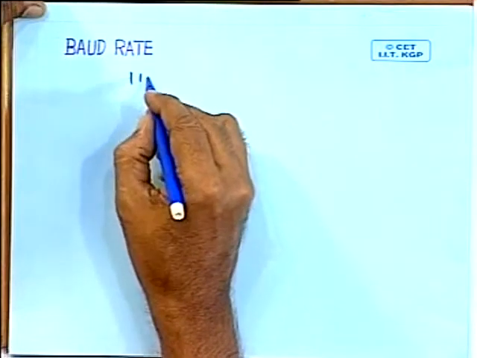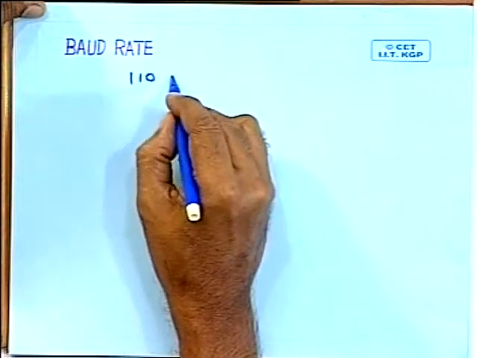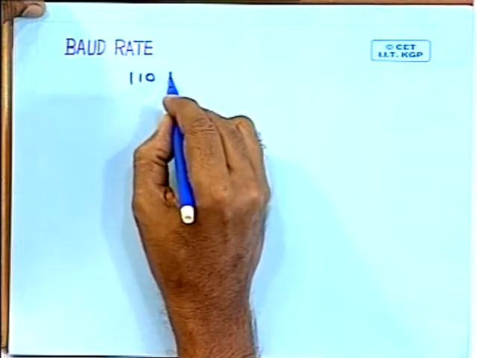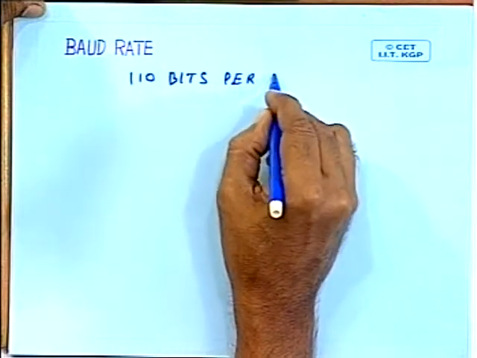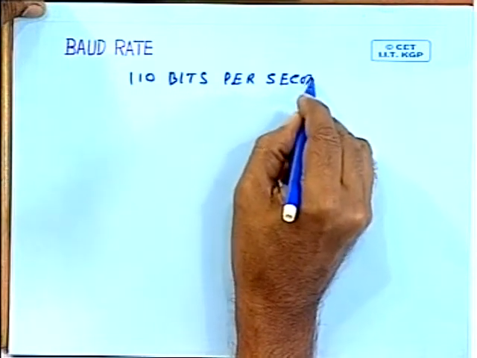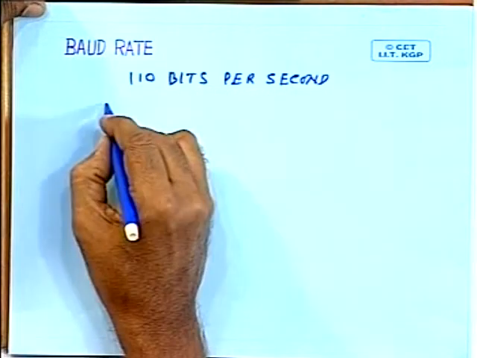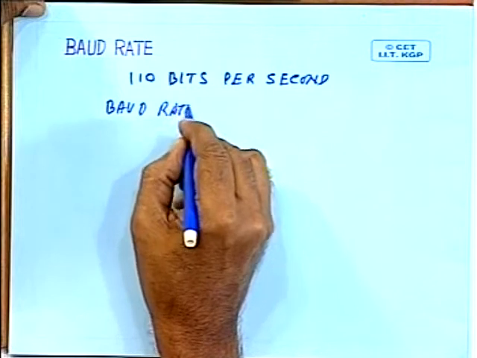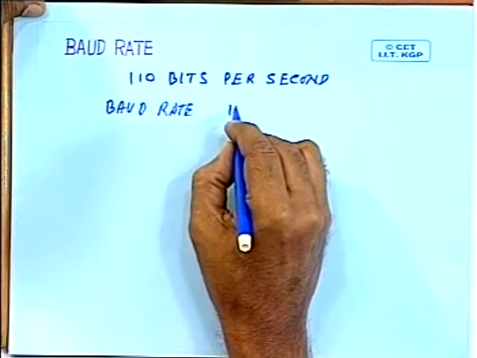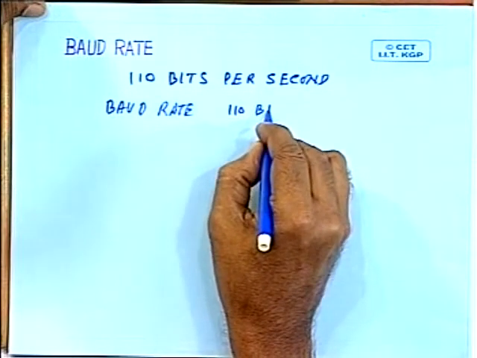Suppose you are sending 110 bits per second. Then your baud rate is 110 bits per second.